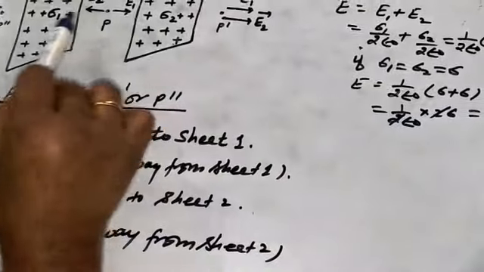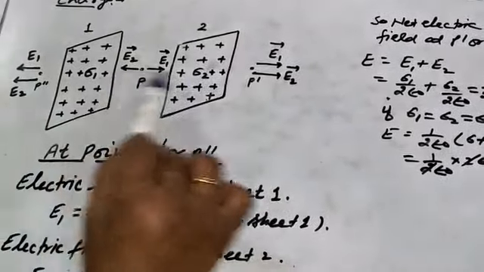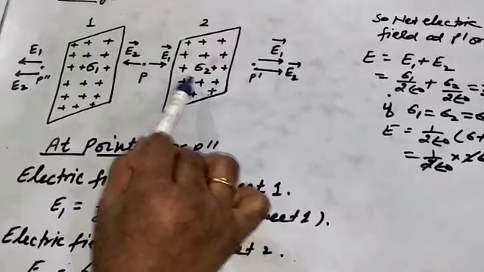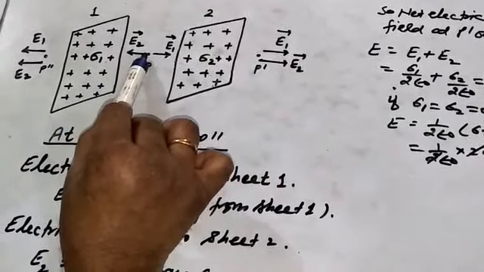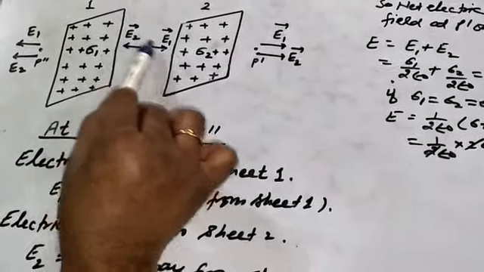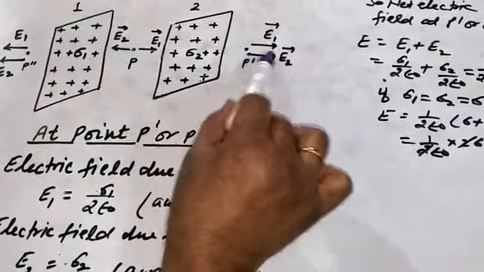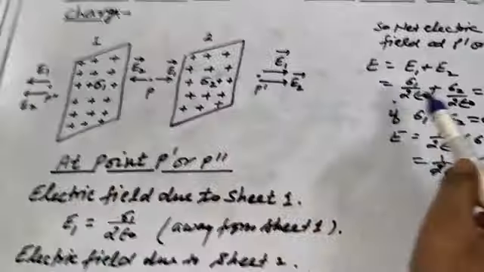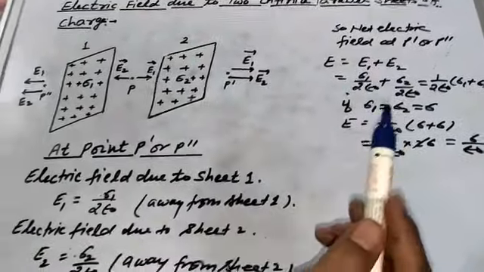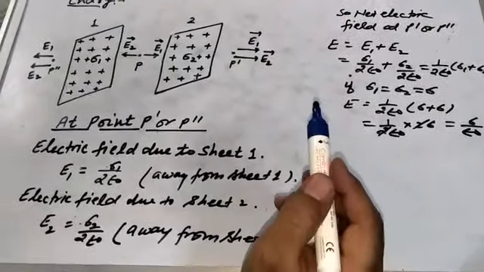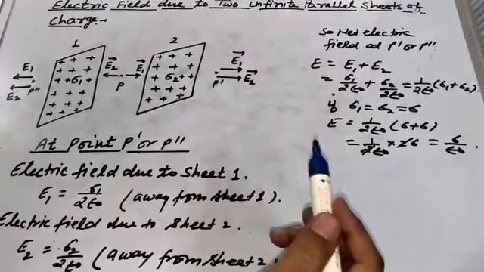It means if both sheets have positive charge, then the electric field between these two sheets of charge at any point is equal to the difference of their electric fields, and outside of these two sheets of charge it is equal to the sum of their electric fields. So in this way we can find the electric field due to two infinite parallel sheets of charge.